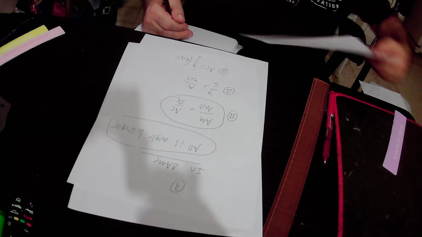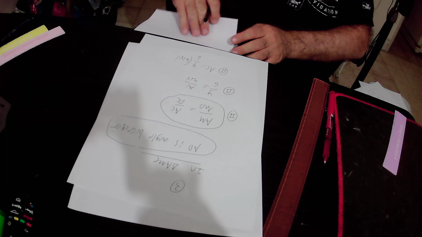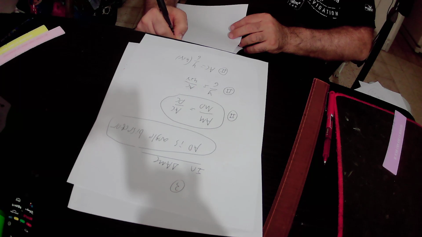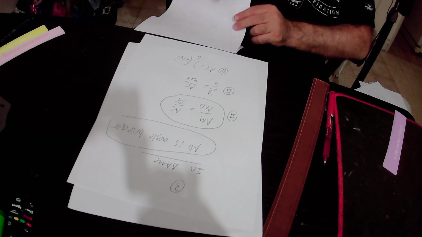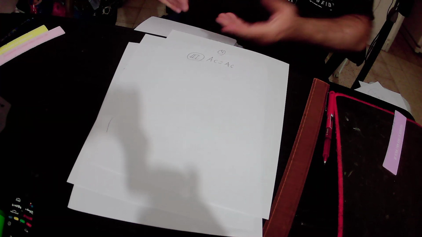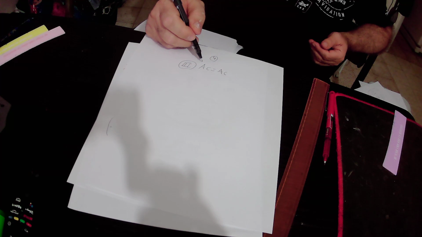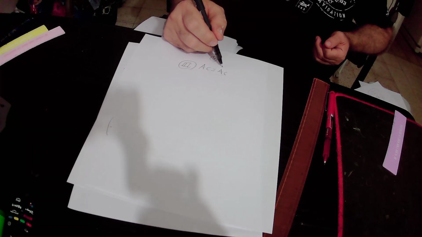Okay, so we will make the equality that AC equals AC. On this side of the equality we will substitute AC by the value that we found in equation number 1, and on the other side we will substitute the value of AC that we found according to equation number 2.